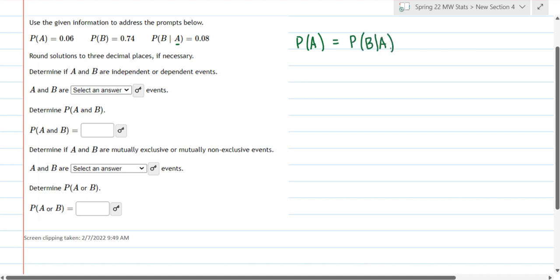If I was given A given B, then I would check it with the probability of B. Okay, so always check it with the probability of what's after the given right here. So the probability of A is 0.06. And the probability of B given A is 0.08. Those are not equal to each other. So we're going to say, no, those are dependent.